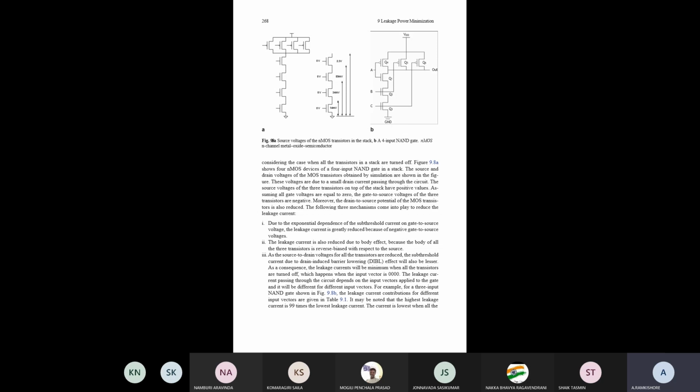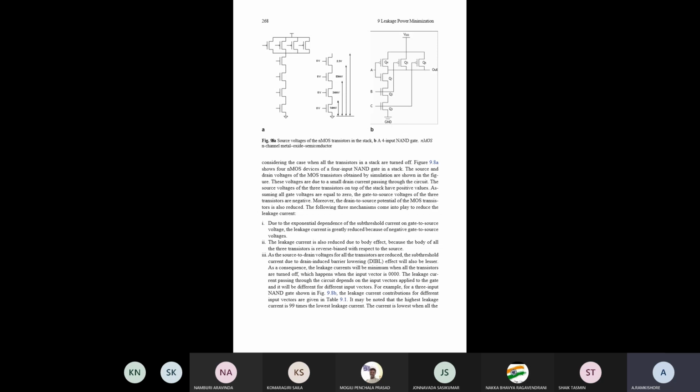Due to this effect, these four transistors will create some leakage current because they are turned off whenever 0 volts is applied. Whenever they are in off condition, they give a leakage current. This is called the stack effect.